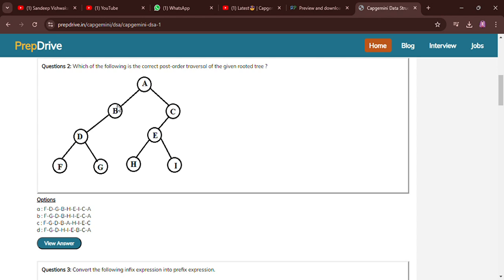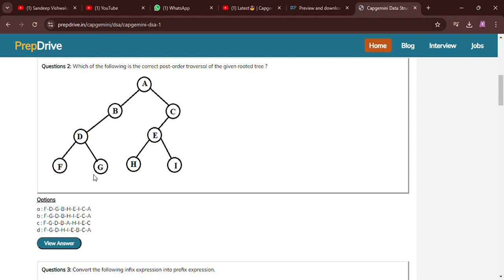So A, what is the left of A? B. What is the left of B? D. And what is the left of D? F. So we first go to F and then right. What is the right of D?